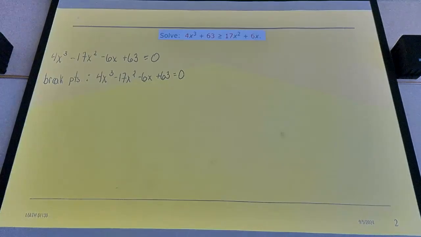Bummer. I don't think that factors by grouping, which is a shame. That means we need to solve that cubic polynomial.